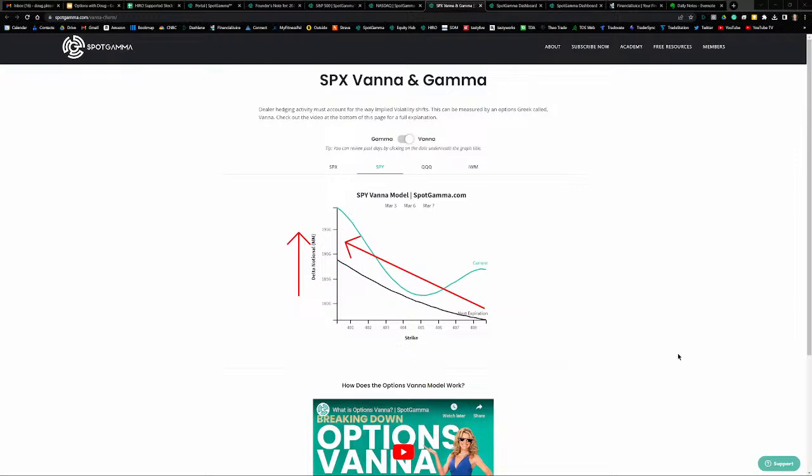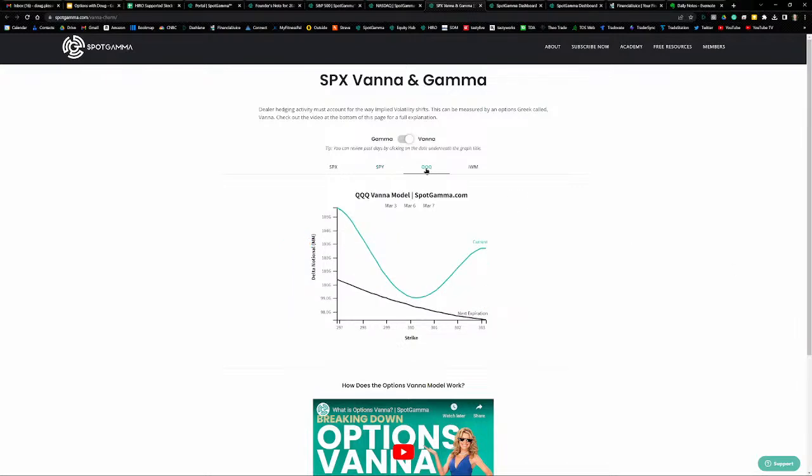And if price increases and implied volatility drops, they can buy back those short hedges. And the same with QQQ. So again, all indices still are in a negative gamma environment, especially SPY and QQQ.